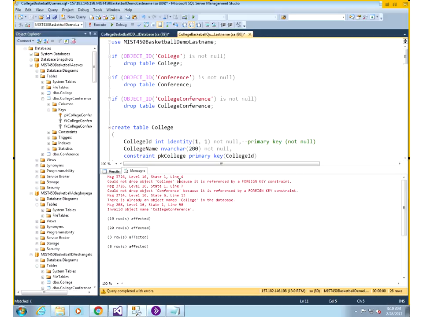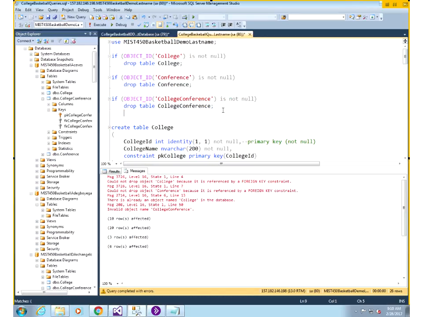Okay, you can see that there are errors: could not drop college, could not drop conference. Ashley asked me this question last time. Why is this happening? You have to drop college conference first because it's referencing them.